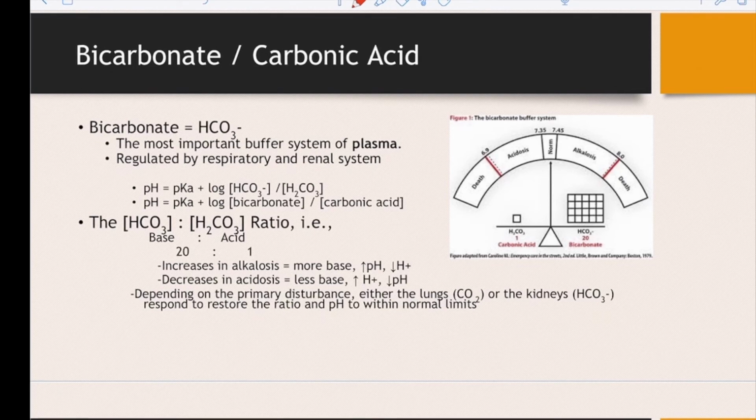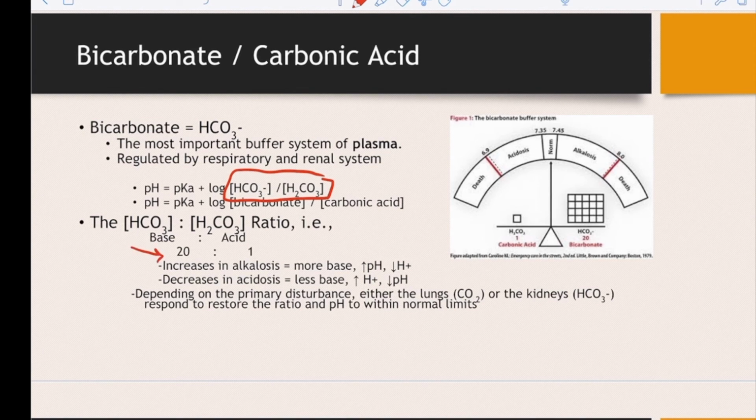And this ratio of the concentrations of HCO3 over H2CO3, the conjugate base and the weak acid, we like to keep at 20:1. That's really important to note. 20:1 is where we like to keep that ratio, so more base than acid.